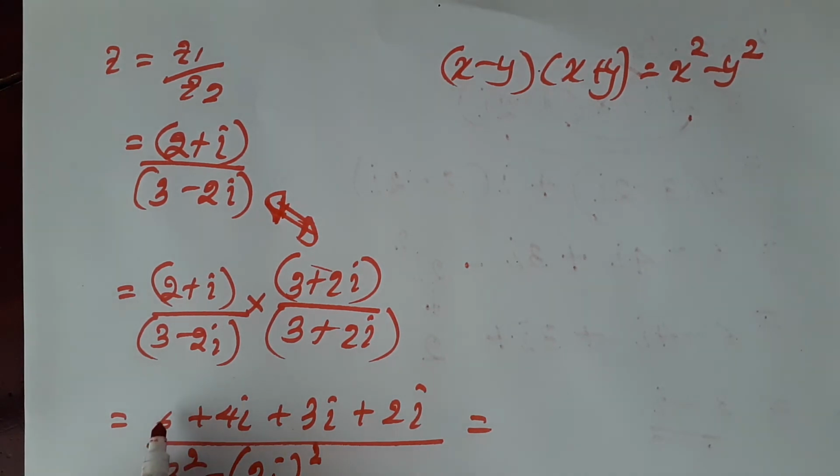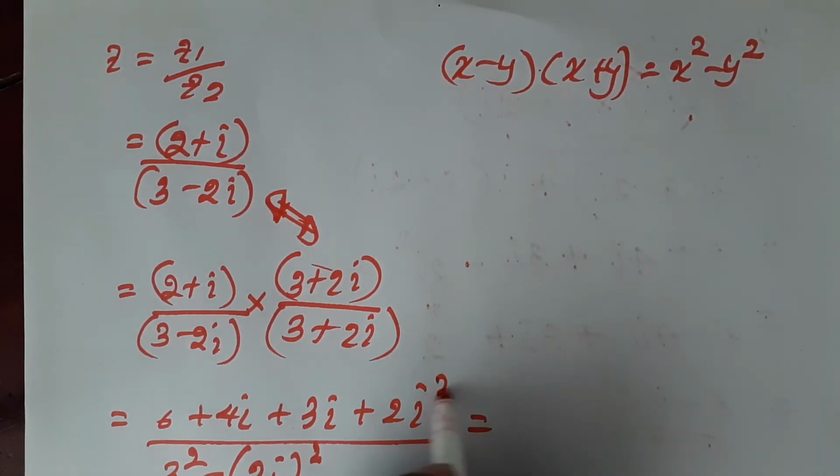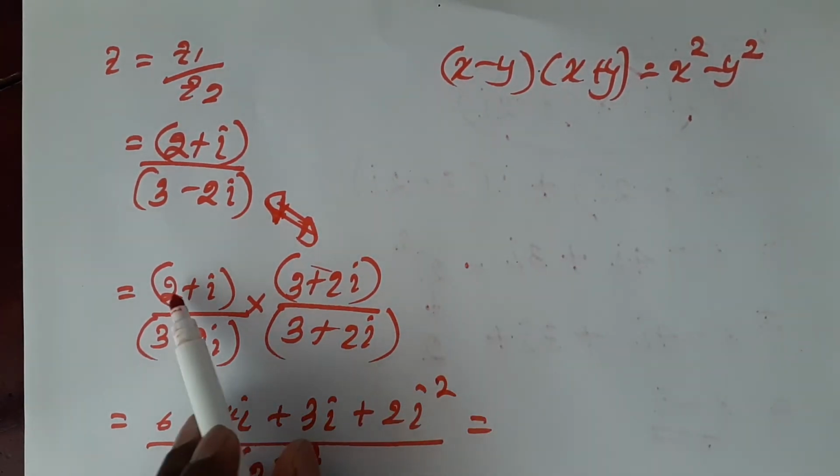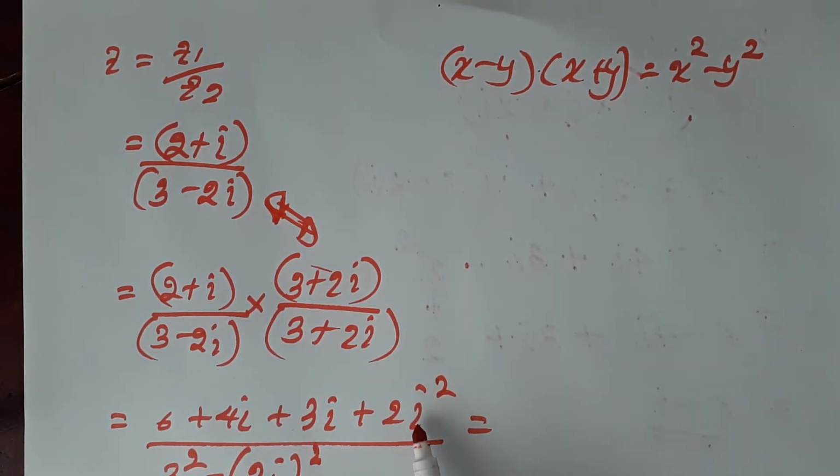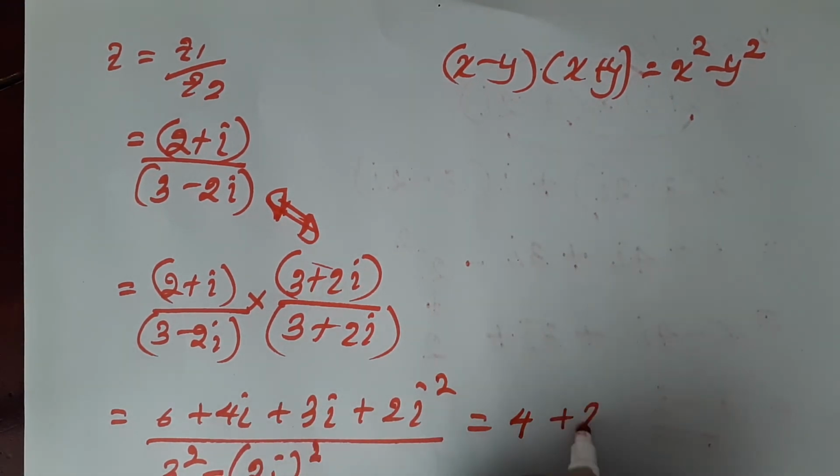In the numerator, I have 6, but here I have 2i squared. i into 2i becomes 2i squared, so this becomes negative 2. So 6 minus 2 becomes 4. 4i plus 3i becomes 7i. In the denominator I have 13.